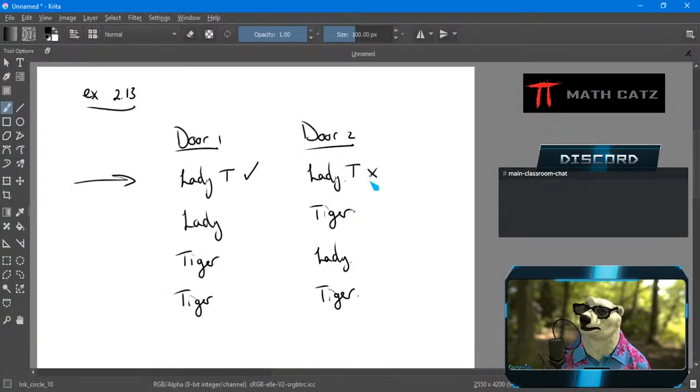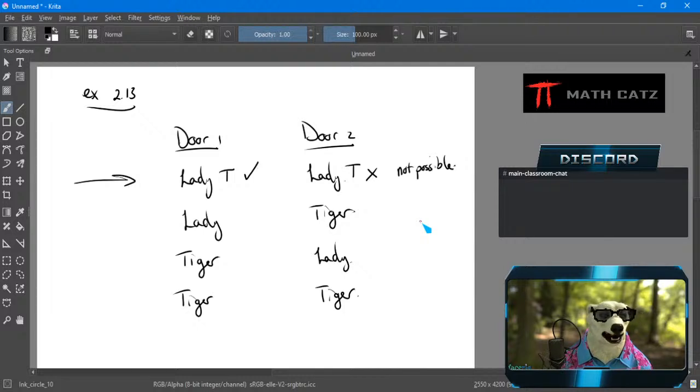So that does not agree with what the king says, and therefore that scenario is not possible. But I have to be very clear on what the king is saying so that I can measure and compare my scenario against what he says to see if it's possible or not.